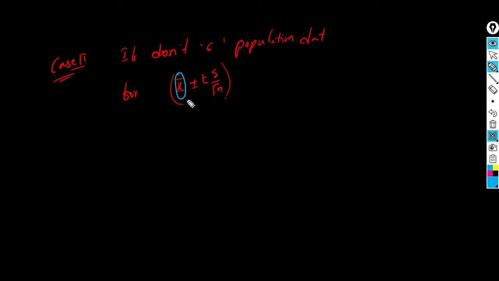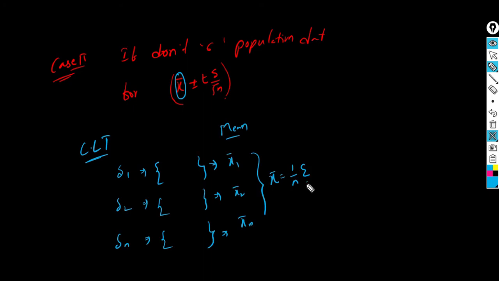This is the mean that we will get from the central limit theorem. By the central limit theorem, we will get the mean mu. Similarly, this is the standard deviation.